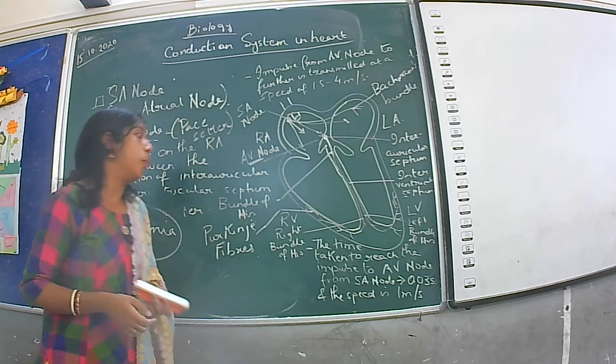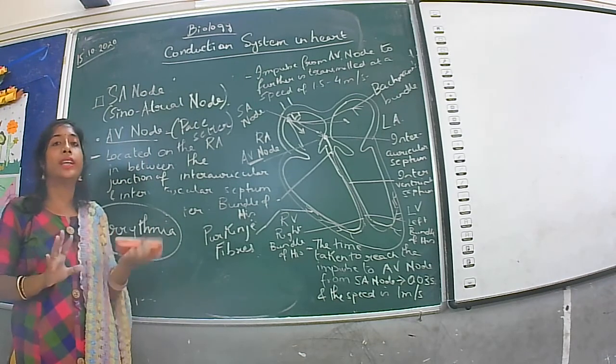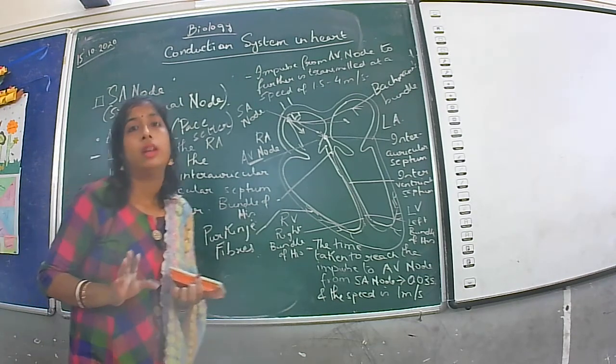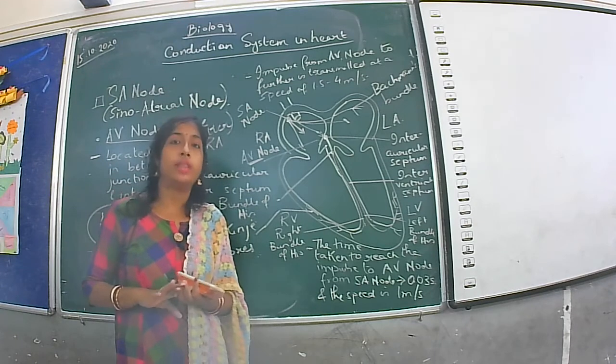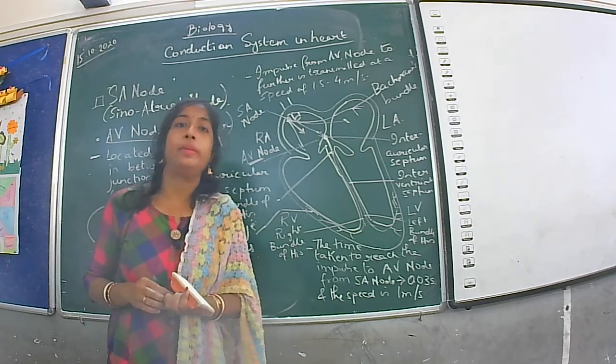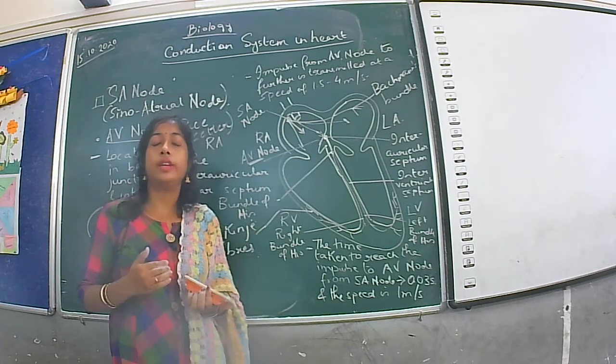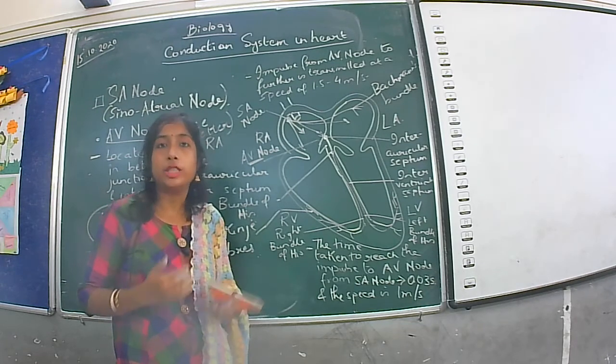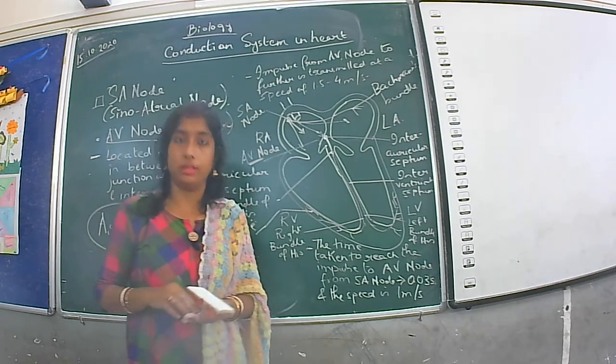Fine? Now, this was all about the conducting system, and there is one more thing which I need to say. From the beginning onwards, I have been telling you that the nerve impulse is being generated and transmitted through the cardiac muscles, right?